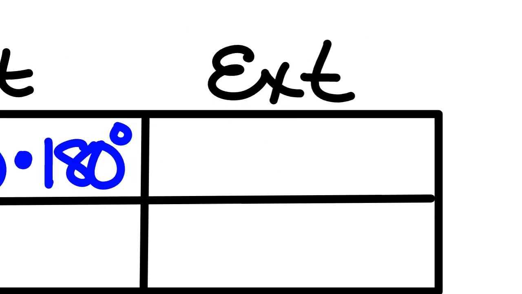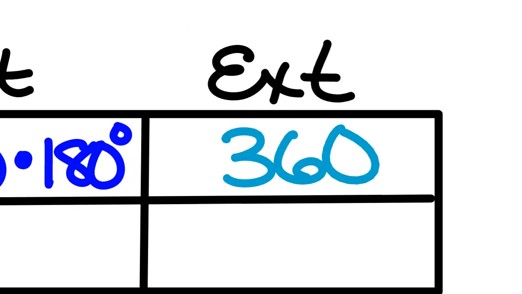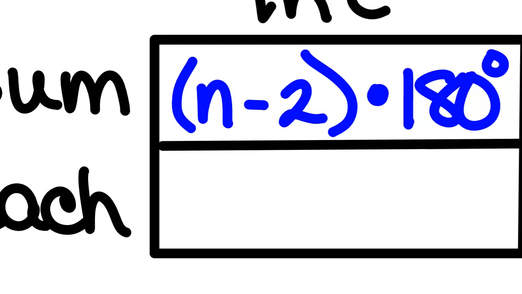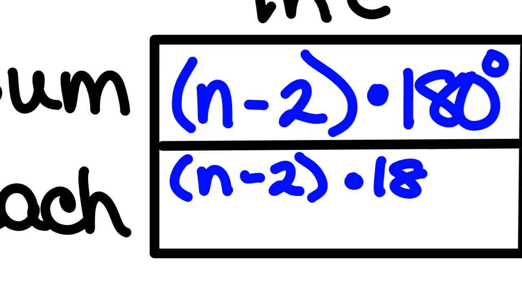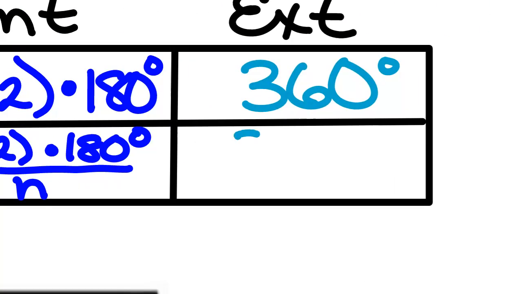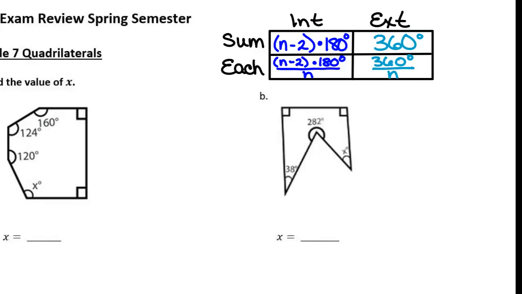And for the exterior angles, the sum is always 360. For each interior angle, you do n minus 2 times 180, the sum, divided by the number of sides, divided by n. For exterior, we do 360 divided by n.